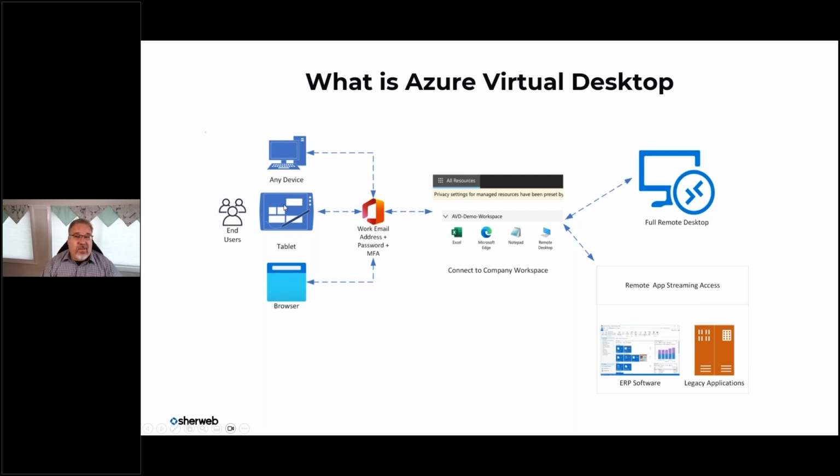So basically, from any device connected to the internet, as long as it has a browser, you can connect to your desktop, be it the entire desktop in the cloud, or if you just want to set up Microsoft or any application. So here in the middle, you're seeing application workload. Excel, Word, Notepad, you can have those set up and just click the application and that'll load for your user. It could be from a desktop, laptop, tablet, mobile device, you name it.